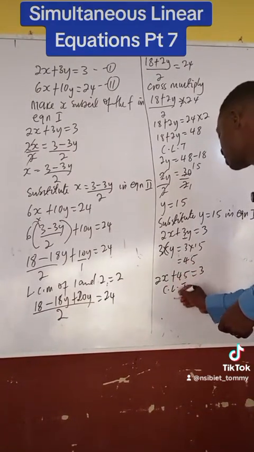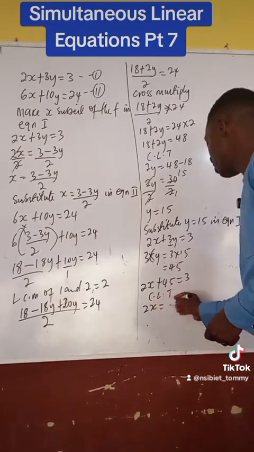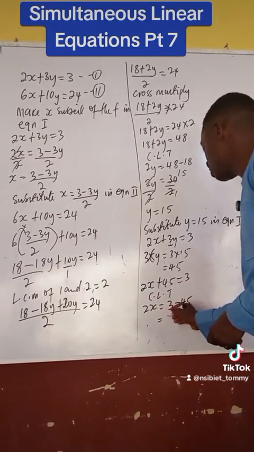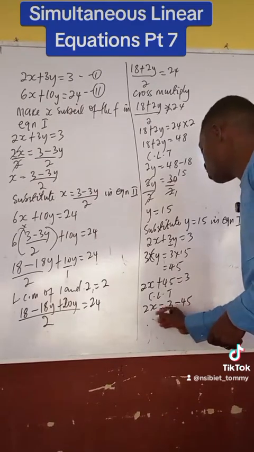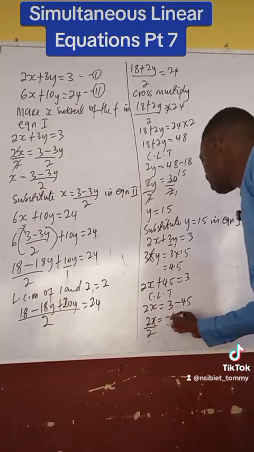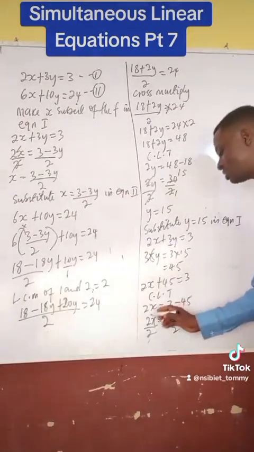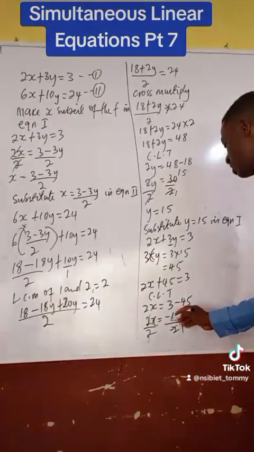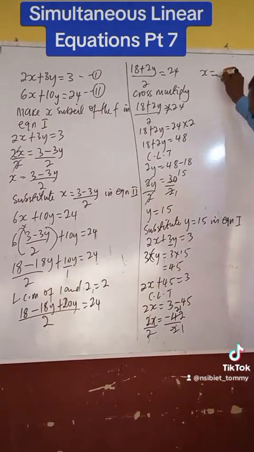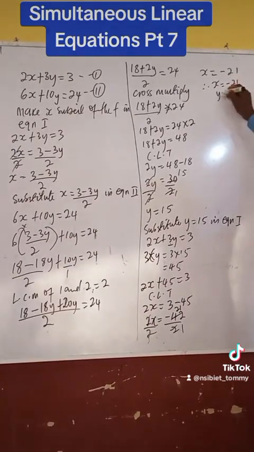Collecting like terms, 2x now becomes 3 minus 45, which is equal to minus 42. So for x, divide both sides by the coefficient of x. 2 goes into 2, 2 goes into 42, 21. So x is equal to minus 21. Therefore, x is equal to minus 21, y is equal to 15.